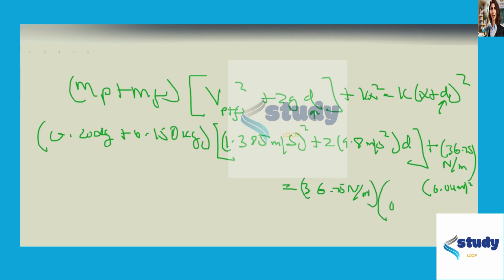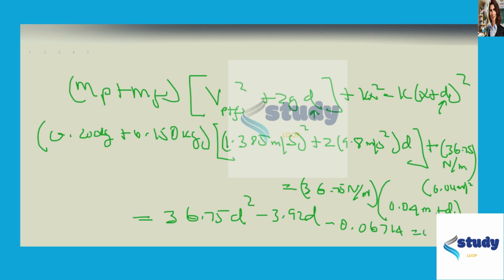This time, we still have the x, 0.04 meters, plus the displacement, like that. And then when you simplify that, you get 36.75 d squared. Now everything is in meters, minus 3.92 d, minus 0.06714 equals 0. Notice this is a quadratic, and so we're going to use the quadratic equation.